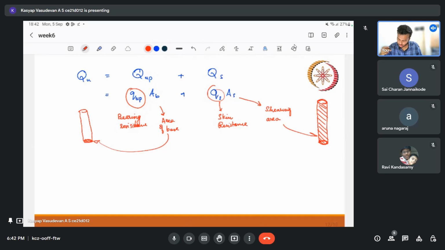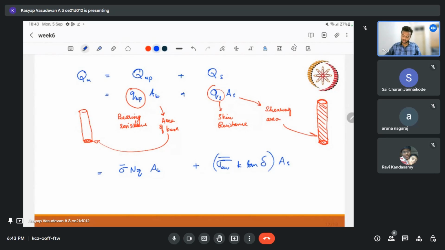In our case, for Tomlinson's method, we have sigma Nq Ab plus sigma average K tan delta As.